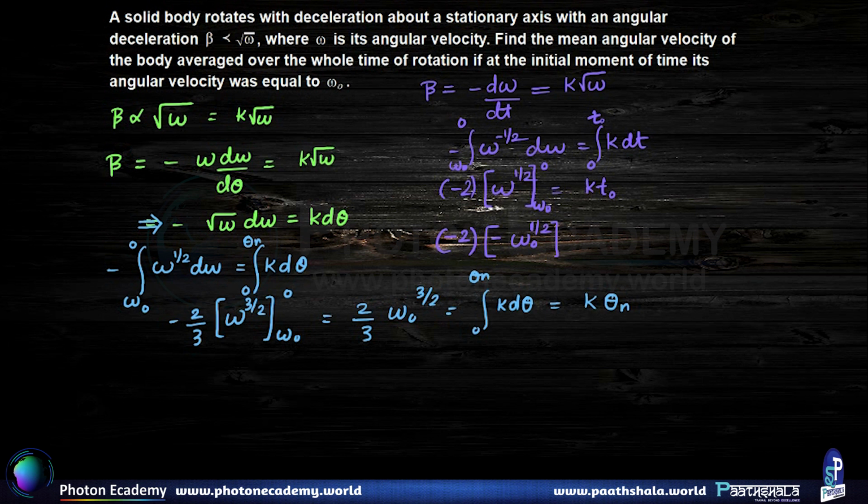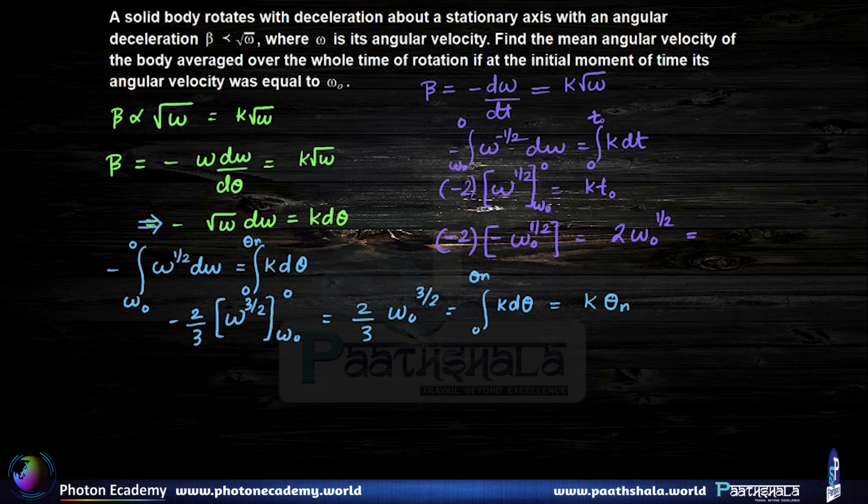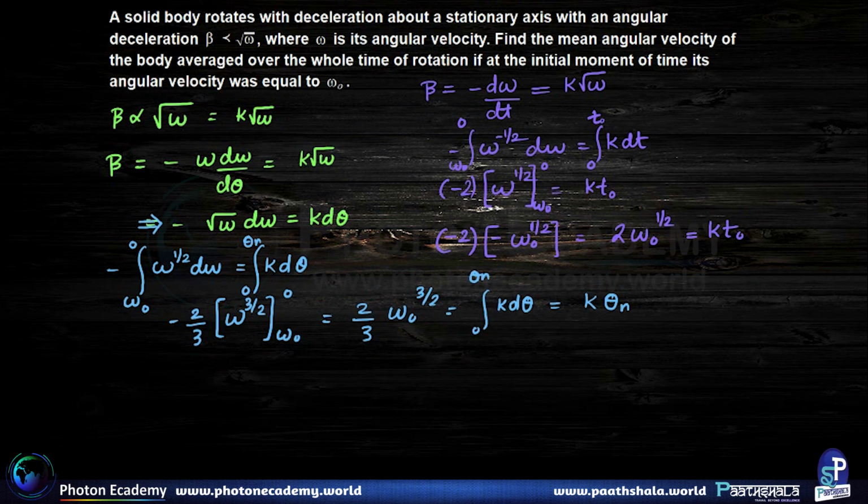The two negative signs cancel out and we get 2 omega naught raised to half equal to k t naught. So here we have found the net angle covered in terms of omega naught, and the net time taken to cover that angle. What remains is just to substitute and find the answer.